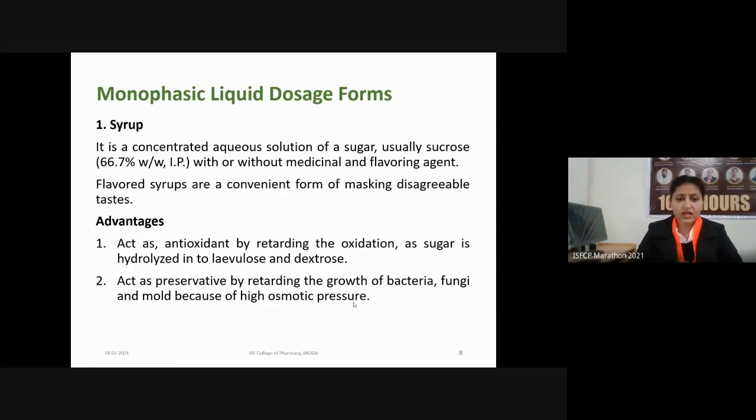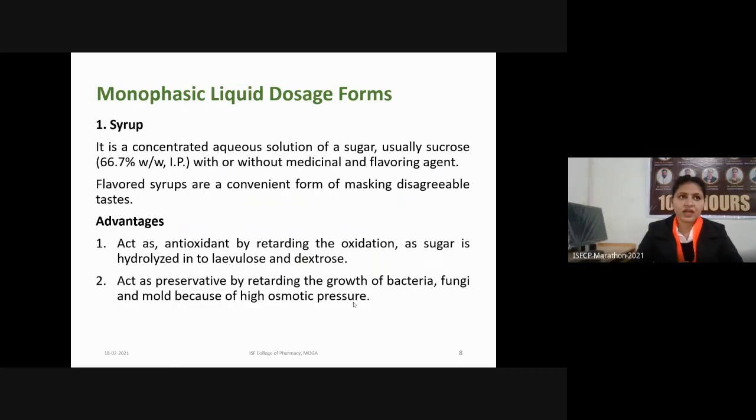The flavored syrups are convenient for masking the disagreeable taste. If we are using a flavored syrup, we can easily mask the disagreeable taste, because syrups are sweet in nature, and we can also mask the foul smell. If a formulation or a drug has a foul smell, we can easily mask that also.